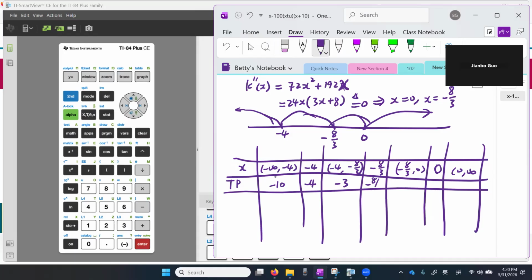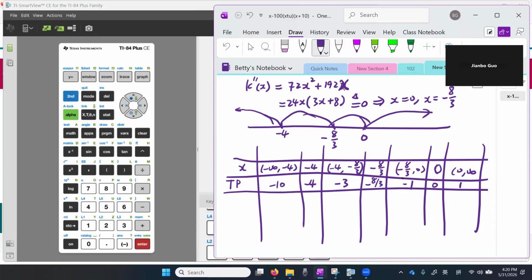From negative 8 over 3 to 0, we could do negative 2 or negative 1. Negative 1 is better. Again, this is not the only method, it's just the method that I recommend because it will keep the information organized. And 0 is 0, and we can use 1 as the testing point for that interval.